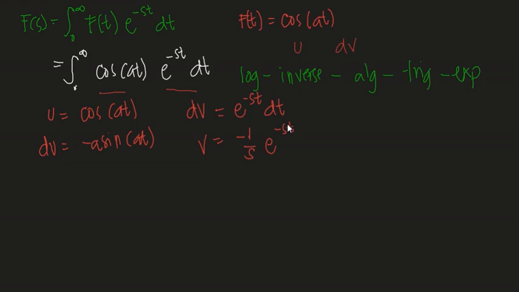And then if we perform the integration by parts, we have to substitute into the equation uv minus the integral of v du. This is the general equation when you perform integration by parts.